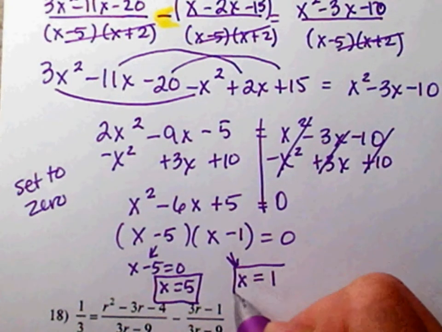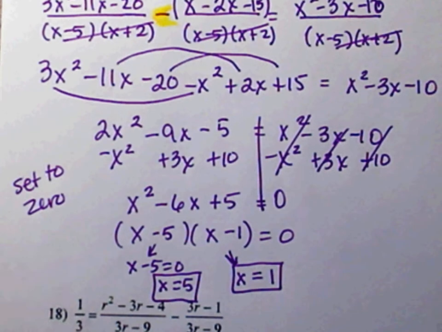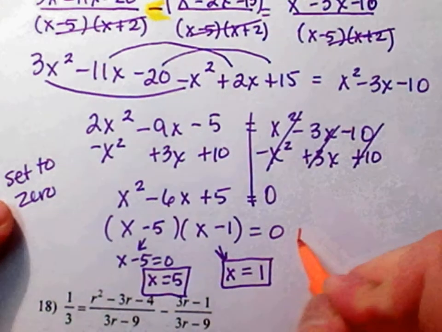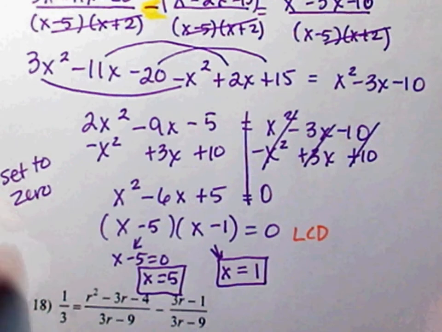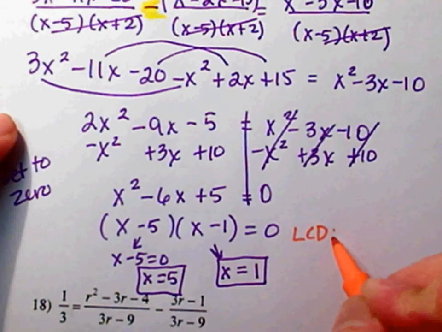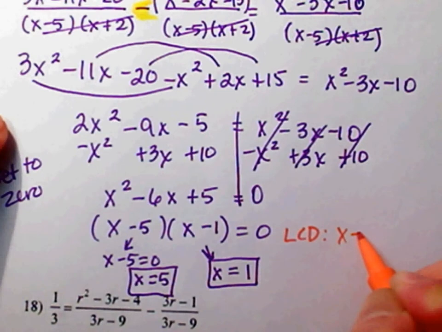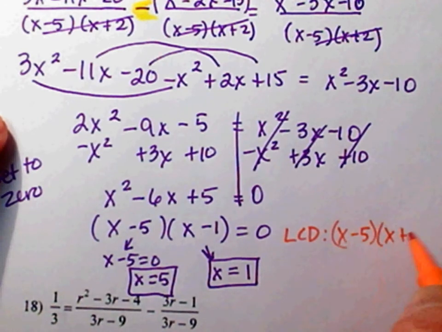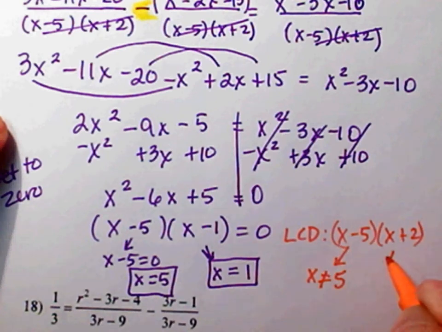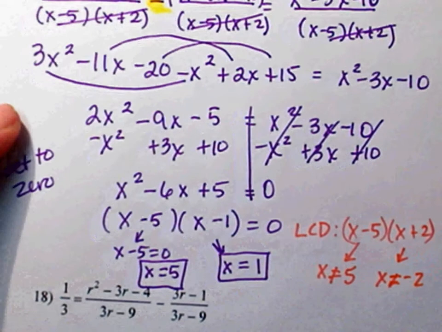Notice you have two answers. Look at your LCD. LCD, you had x minus 5, x plus 2. x cannot be 5. x cannot be negative 2. Do you have an answer that's a 5?